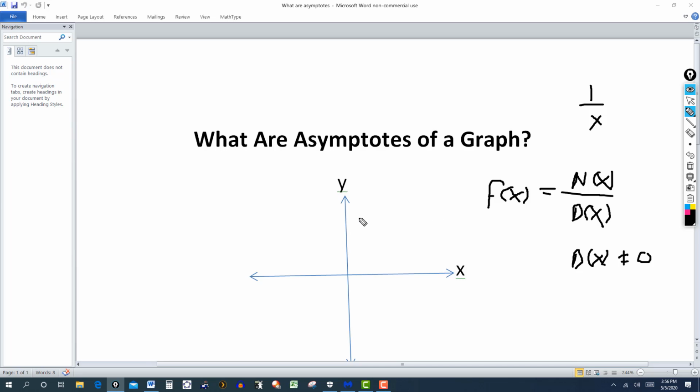So in this particular case, let's just look at the coordinate system, the y-axis, the x-axis. So we could have a graph that looks something like this.